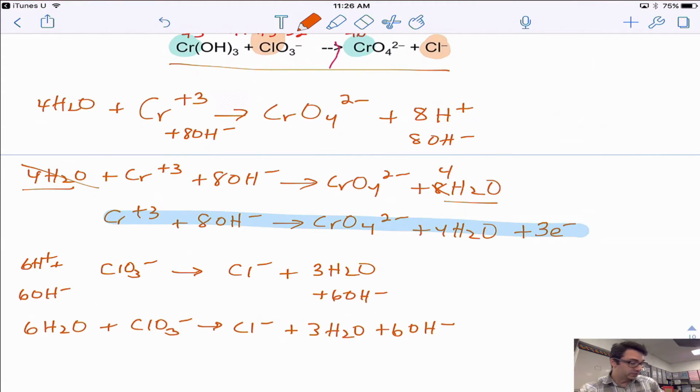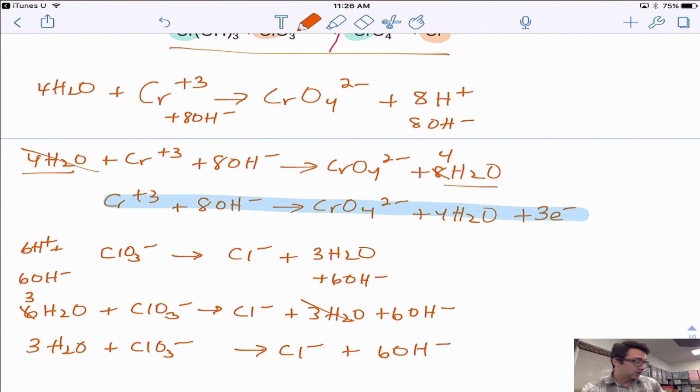Once again, I can simplify with the waters and add in the electrons. 3 will cross out with 6. That will leave me with 3 H2O plus ClO3 minus, yielding Cl minus plus 6 OH minus. And then I can count up the charges.